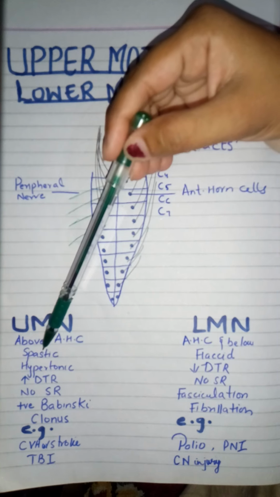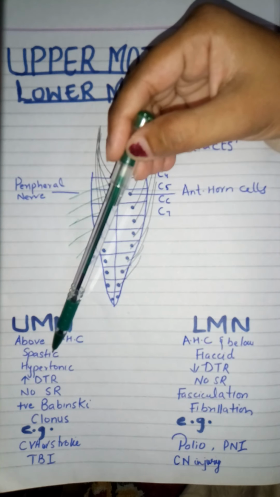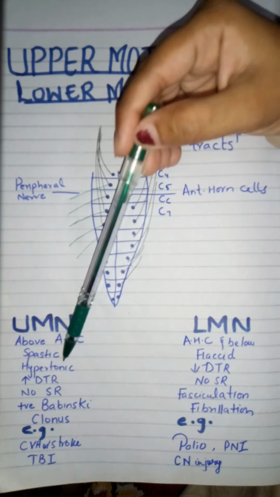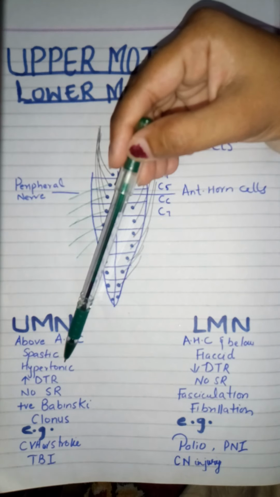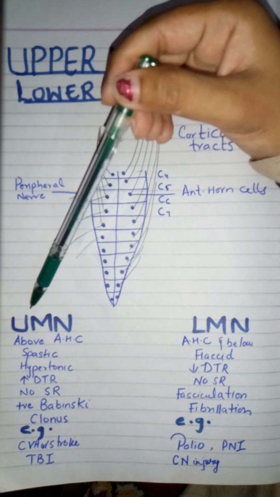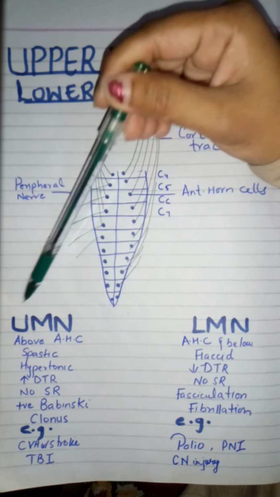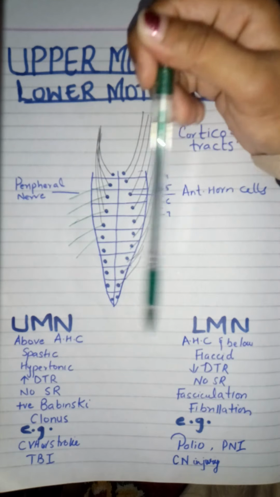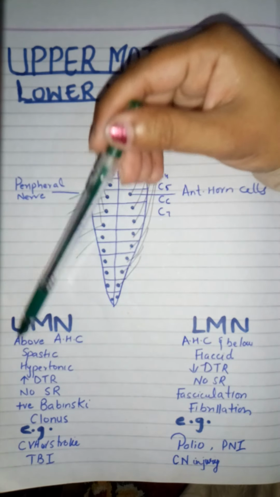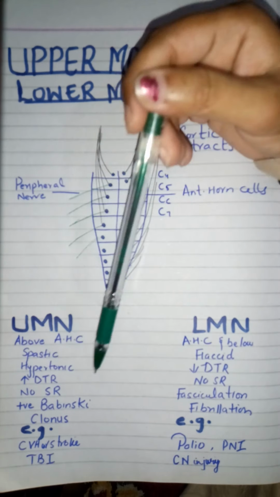Upper motor neuron injury will show spasticity, and this will be flaccid. For upper motor neuron tone will be increased, and here, obviously with flaccidity, tone will be decreased. Deep tendon reflexes will be exaggerated for upper motor neuron. For lower motor neuron they will be suppressed, and superficial reflexes will be absent in both.